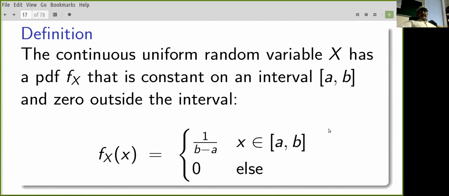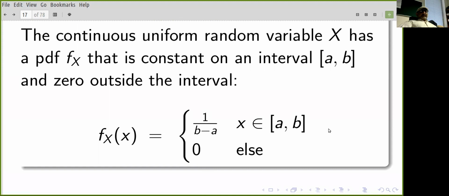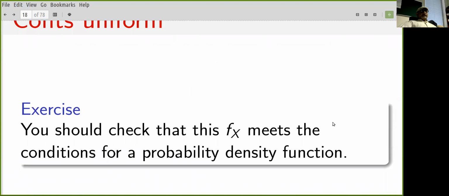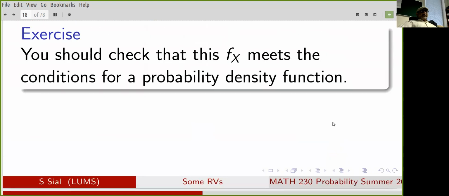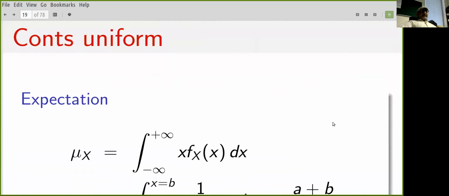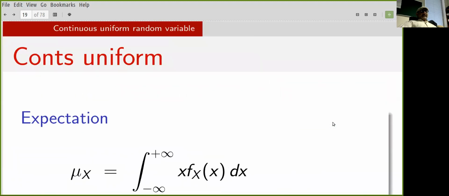The integral of a PDF from minus infinity to infinity should be equal to 1, right? Probabilities all sum to 1. So the PDF has this form: f sub x of x is equal to 1 over b minus a for x from a to b, and it's equal to 0 otherwise. Okay, so this meets the conditions for a probability density function. You should check that.